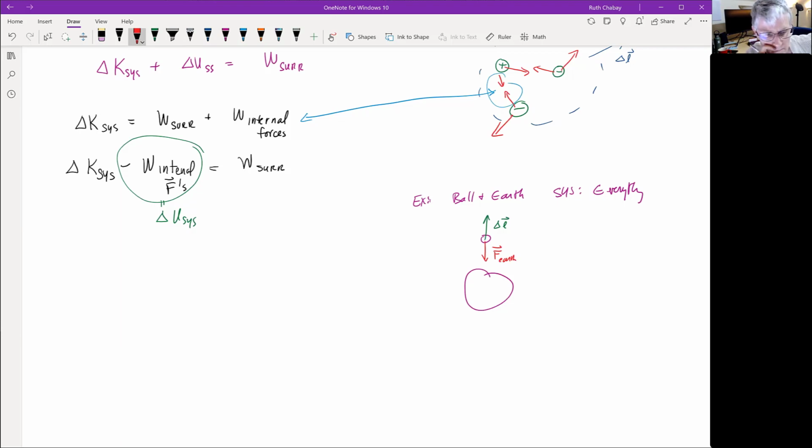So we have the change in potential energy of this system is the negative of the work done by internal forces. So that's a minus 0 minus mg times 0.010.